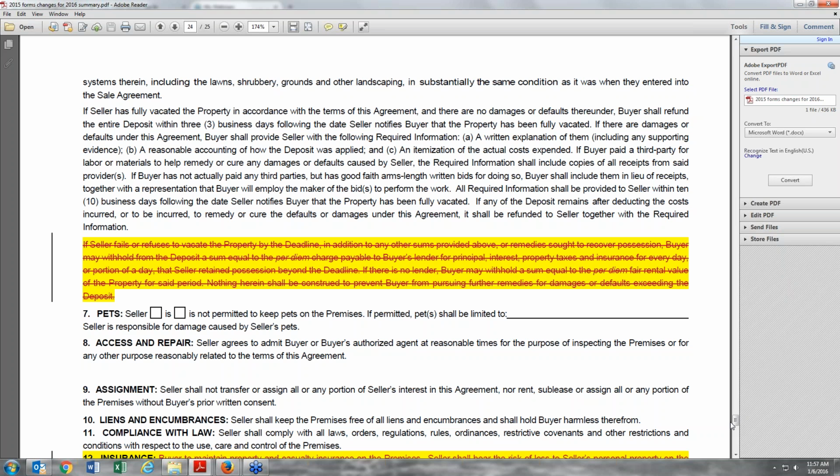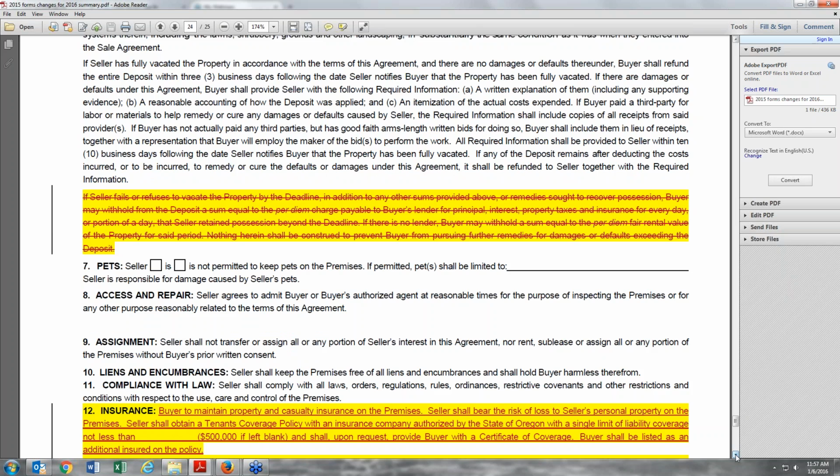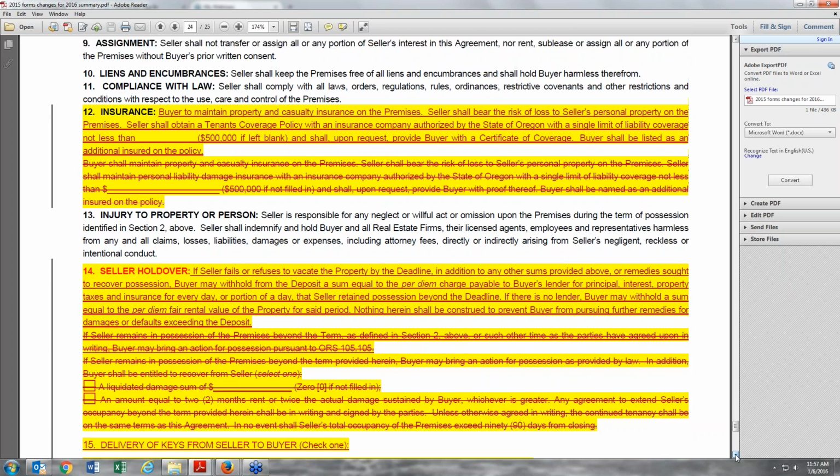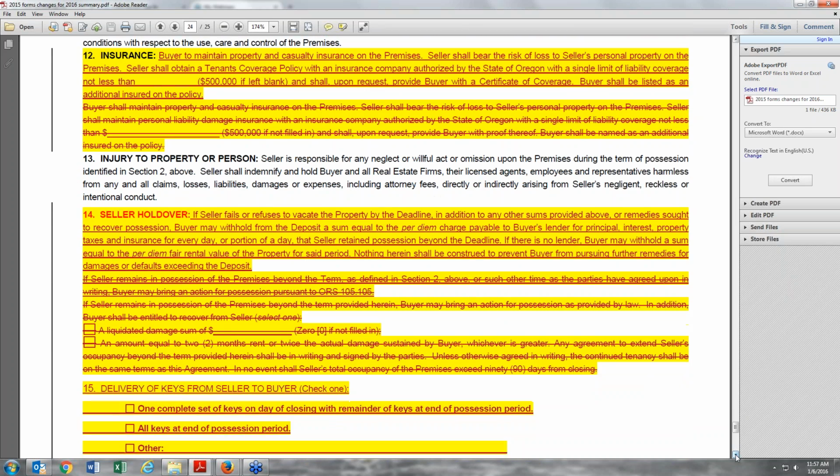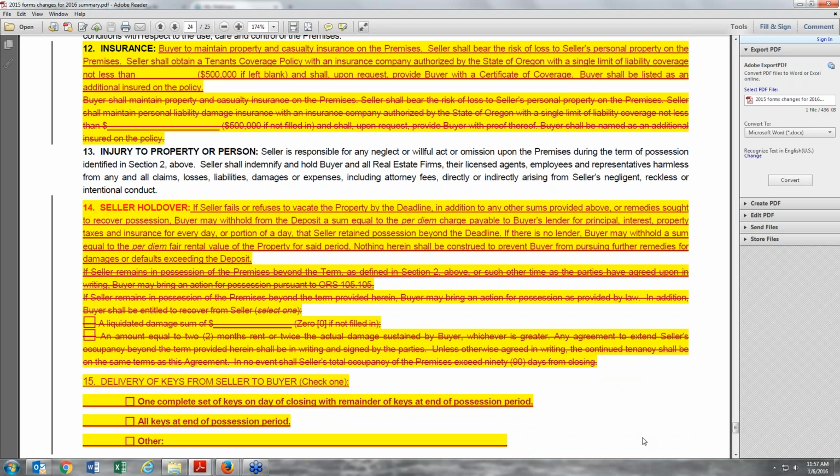It isn't substantively changed. It is just couched in different terms, simply because that's how the insurance industry views it, particularly in regards to naming the buyer as a co-insured on the property in the event of liability. And then the seller holdover section has all been deleted.